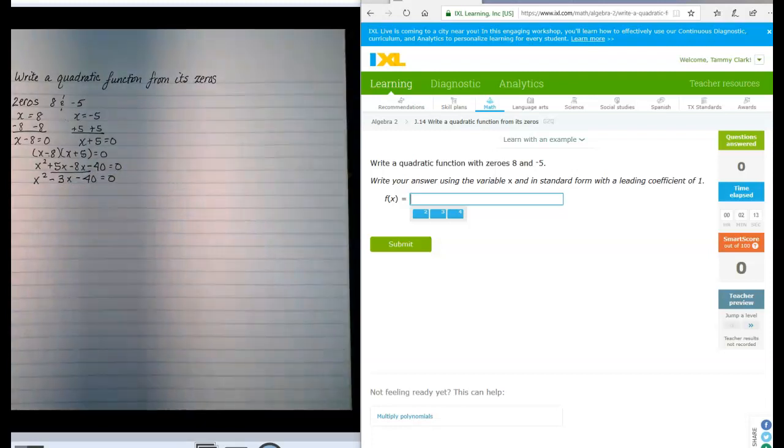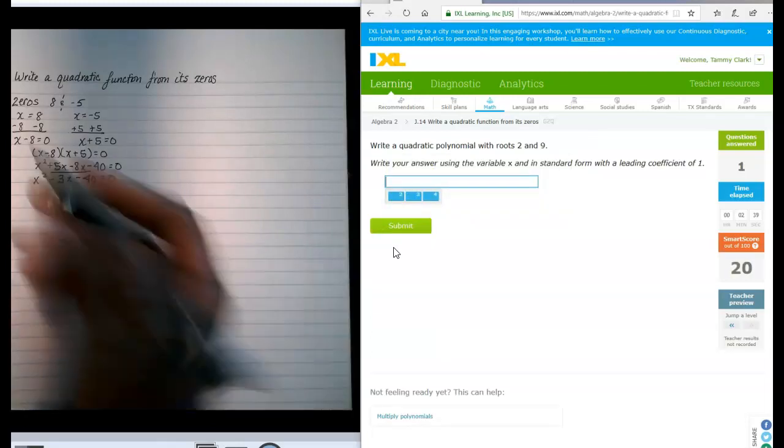And that would be our answer. So when you come over here, you're going to go ahead and put x and then squared, and then everything else you can just type. Oh no, we've already got it set equal to 0, so you just need to type the expression part.